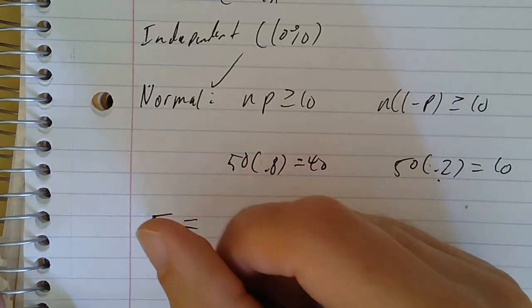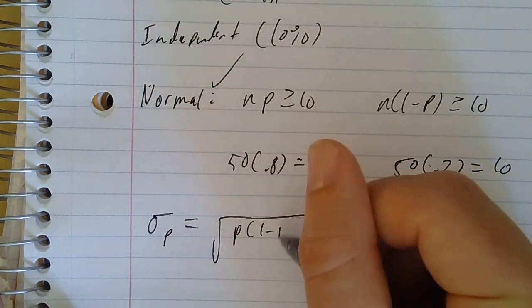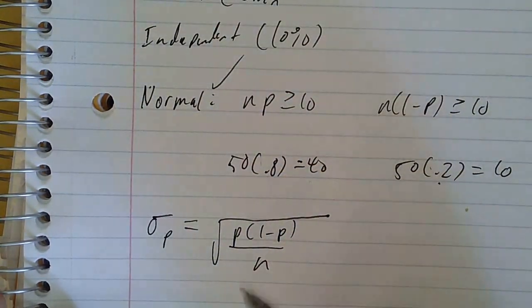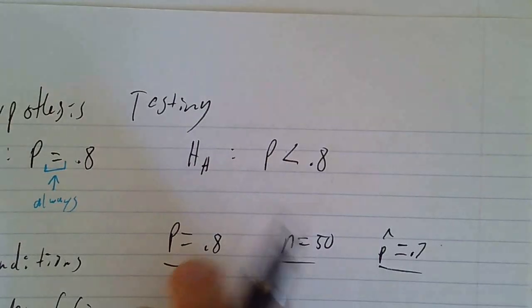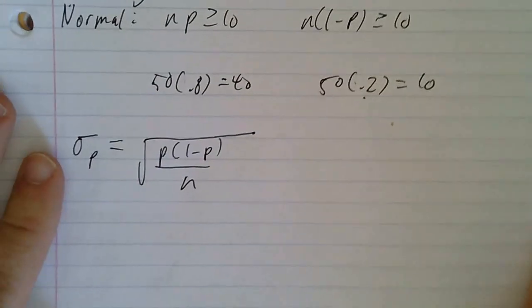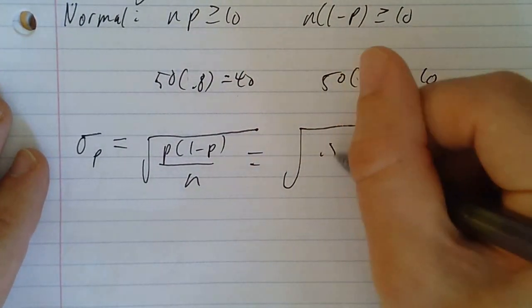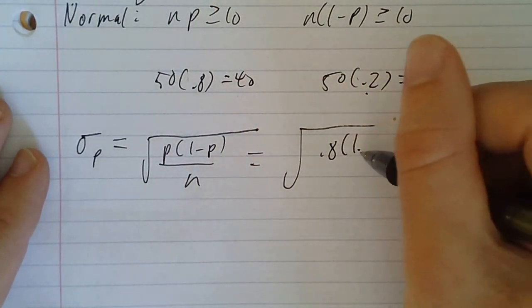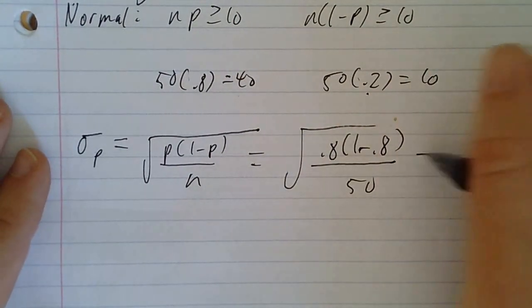The standard deviation is equal to the square root of p times 1 minus p, all over n. Again, you don't use the p hat here, you use the p. So this is the square root of 0.8 times 1 minus 0.8, all over 50.